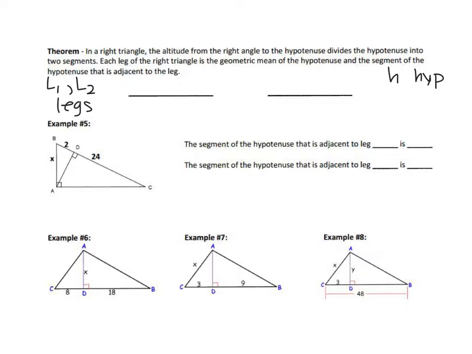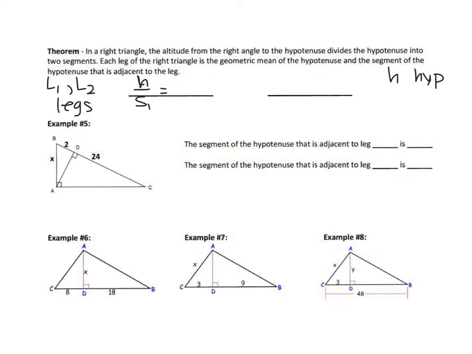So we end up with two different geometric means here. The first one has to do with leg 1. It's the geometric mean of the hypotenuse and the segment adjacent to it.